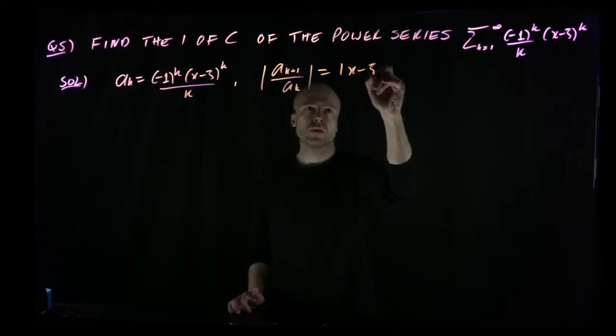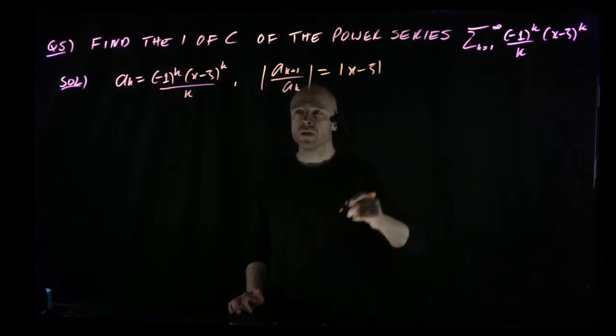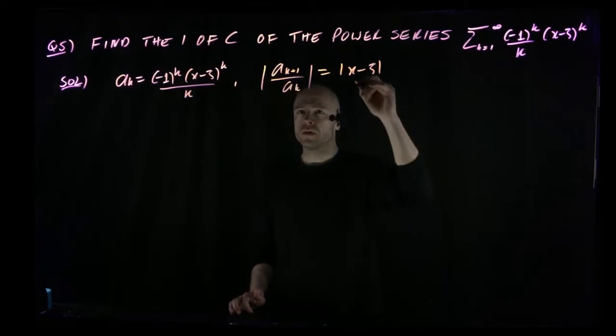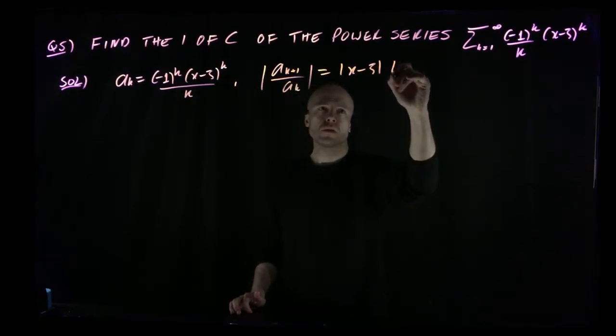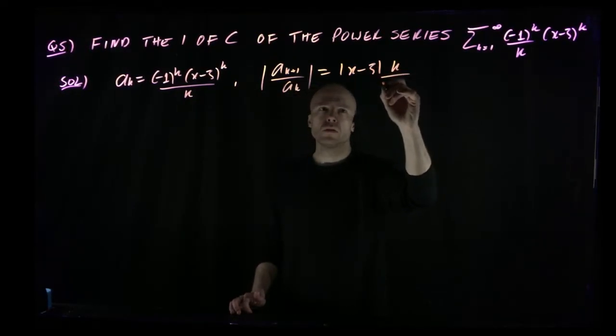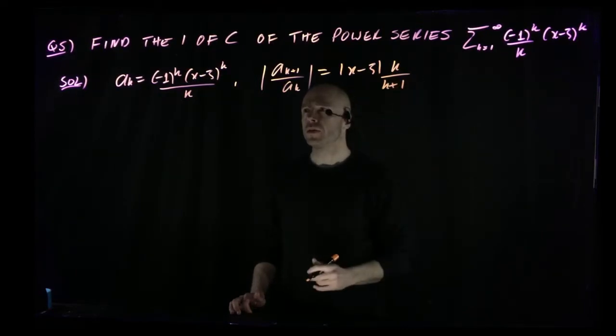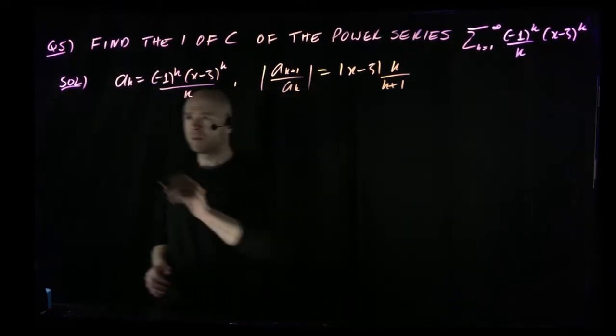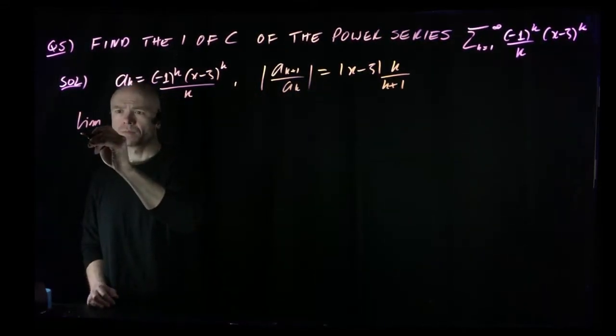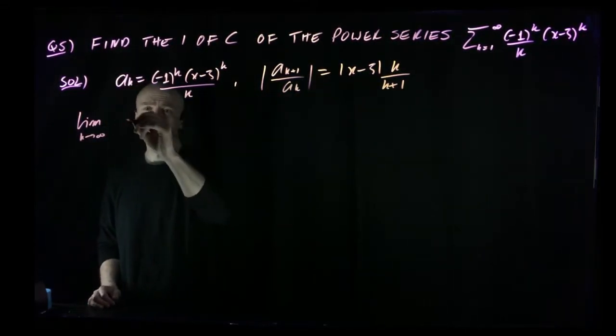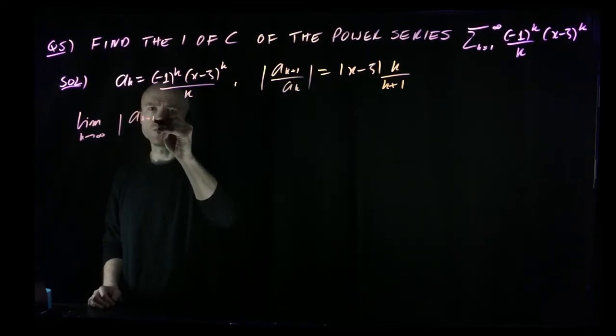We're going to have |x - 3| times k over k plus 1, and that's it, right? So the limit as k goes to infinity of |a_(k+1) over a_k|.